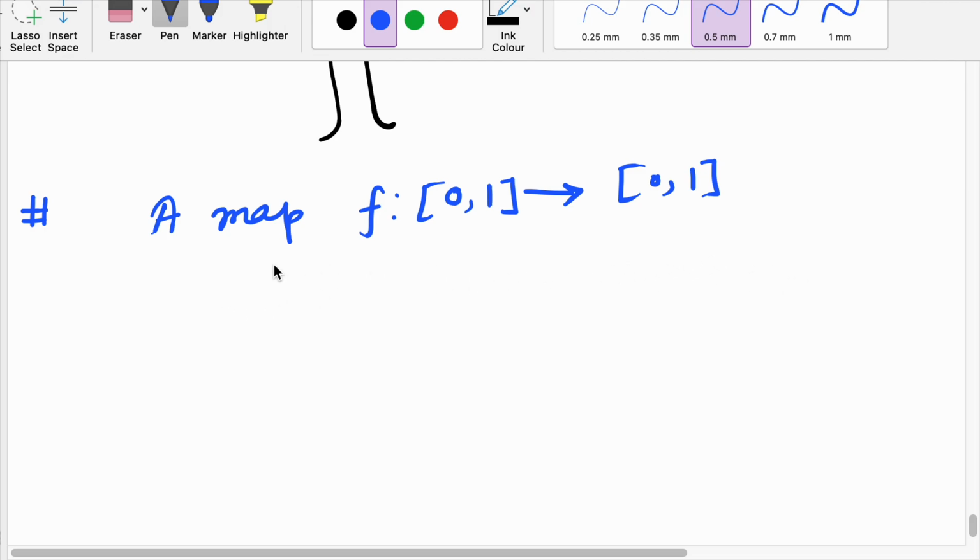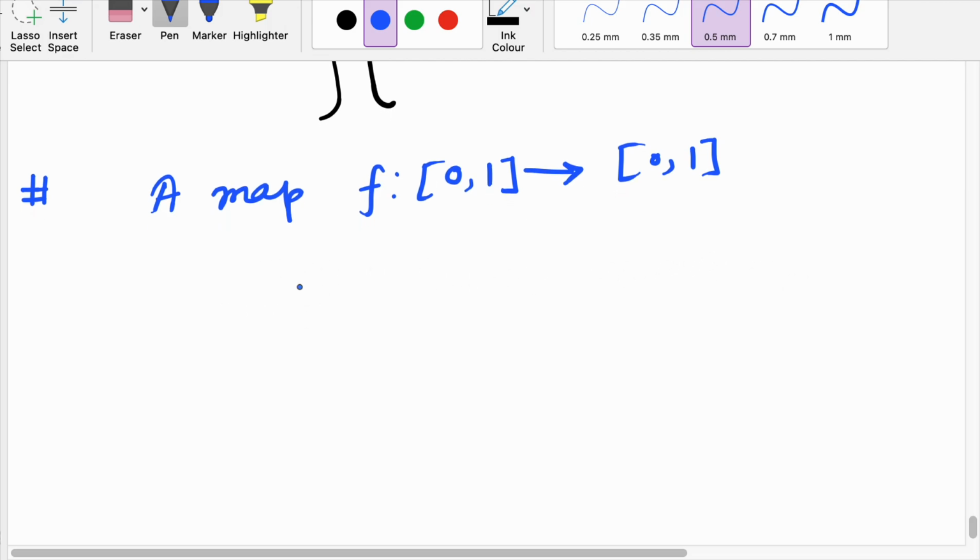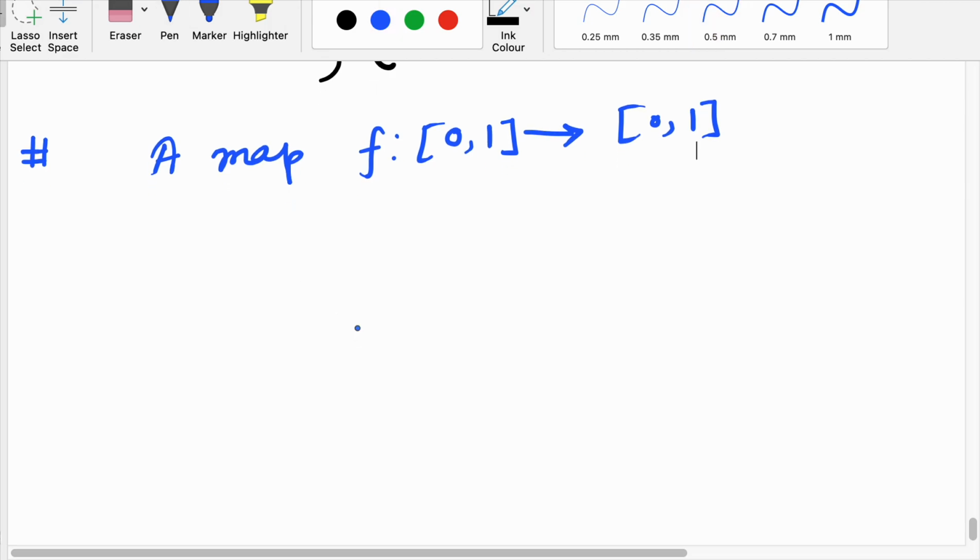Now I want to check whether or not this map has sensitive dependence on initial conditions.